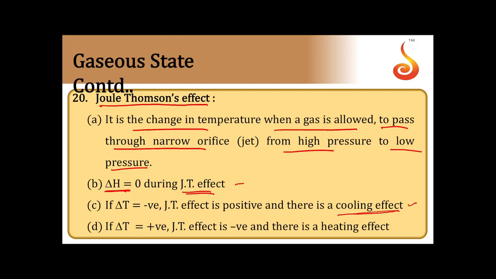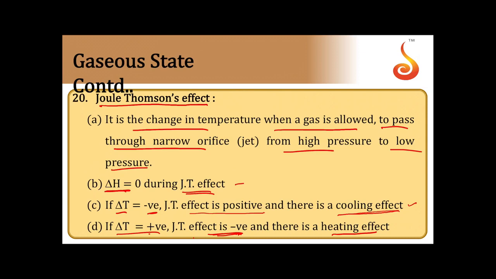If it is having a cooling effect, we say that it is a positive Joule-Thomson effect. Delta T means we can see a decrease of temperature. Suppose temperature has increased, so delta T is positive, then that is said to have a negative Joule-Thomson effect, that is heating effect.